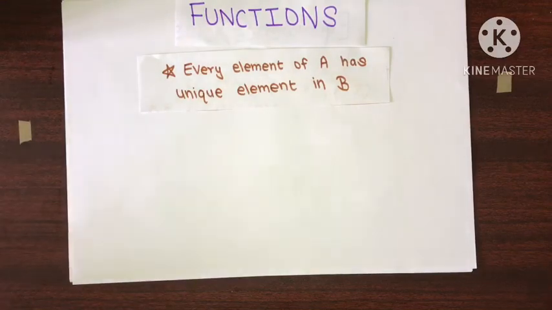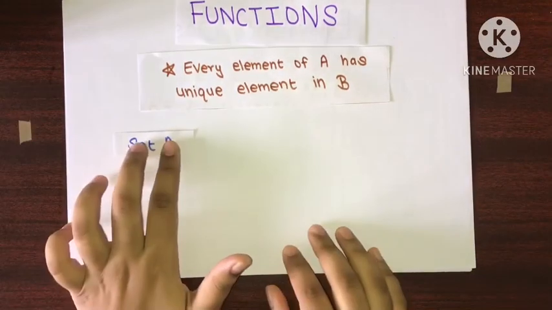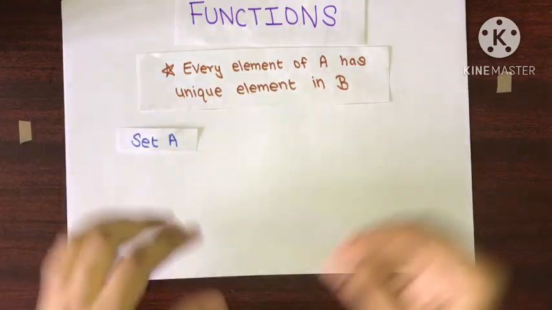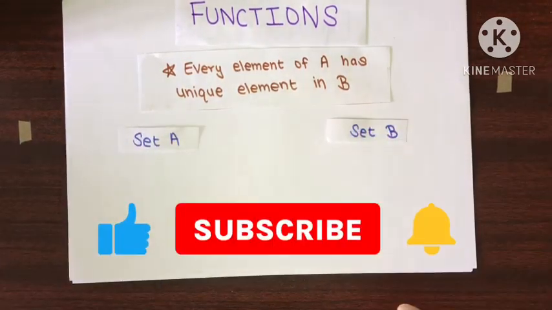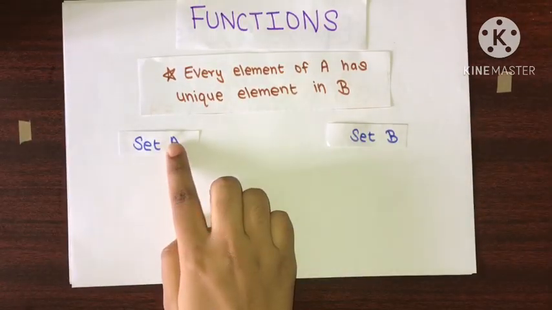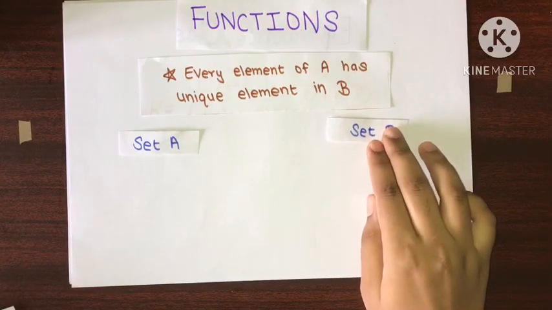So let's say I have a set A and I also have a set B. And let me define set A as 1, 2, 3 and set B as a, b, c.